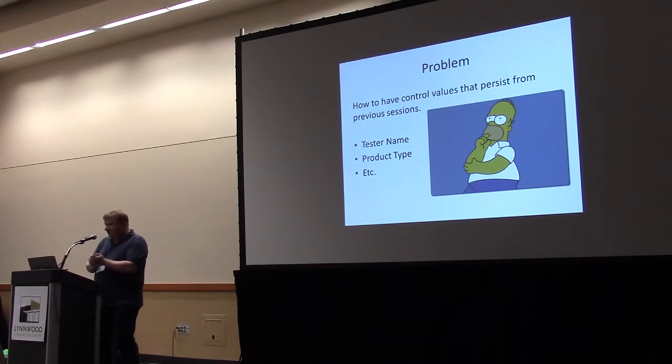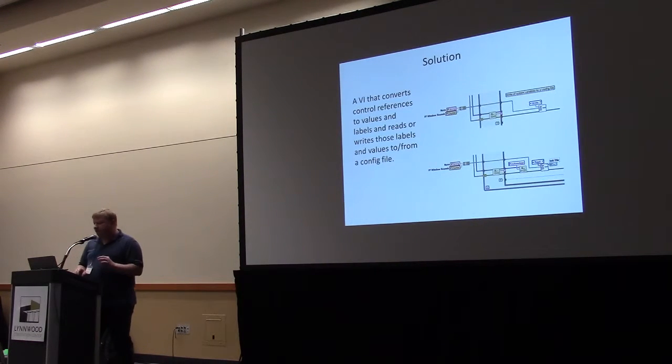So here's a problem: from one test session to the next, how do you get your variables to persist so that they don't have to keep entering their product name, identification, their name, product type, whatever. The solution I found was to use the control references for each of your front panel controls.